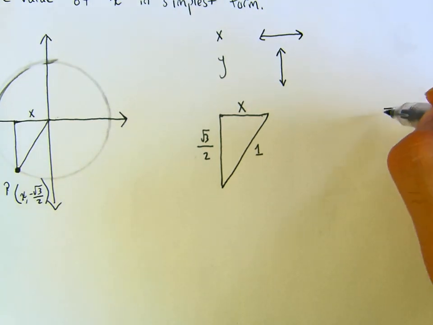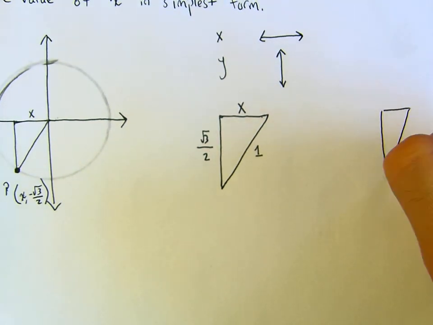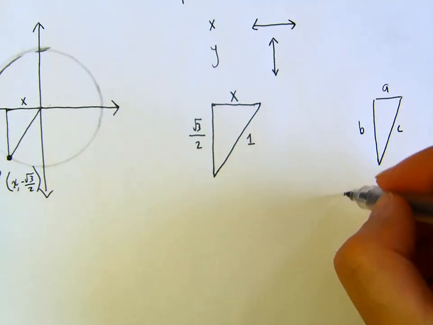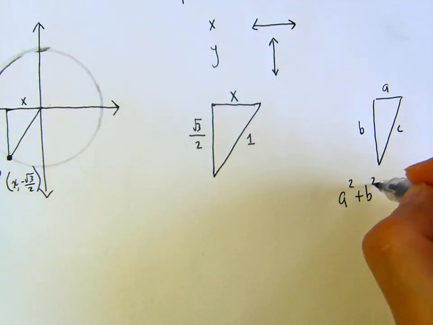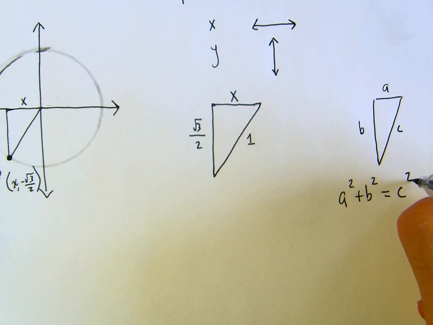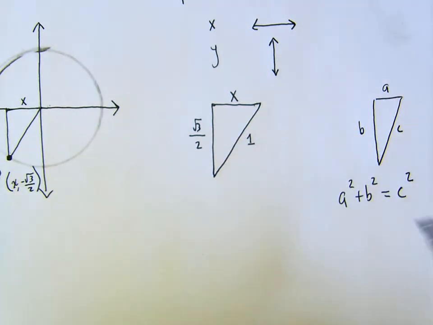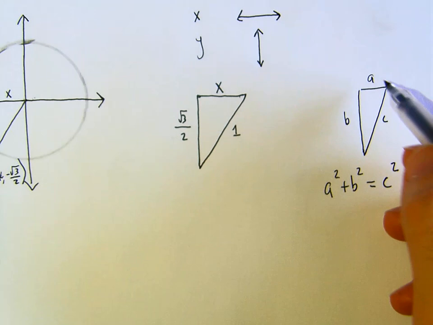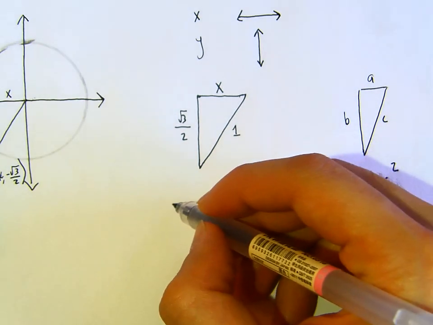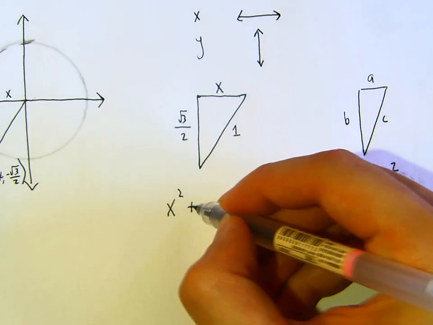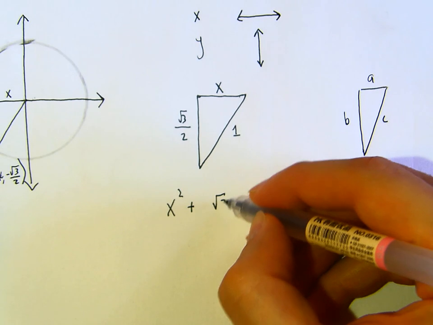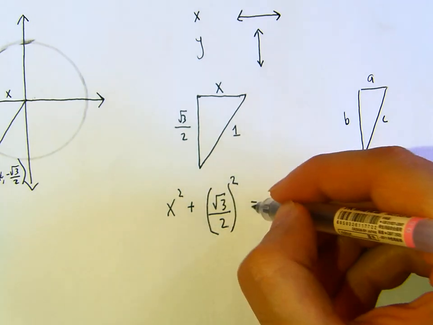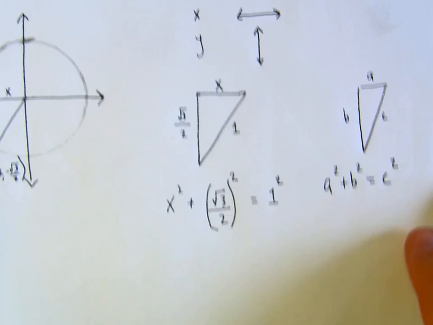If we have some sort of triangle, a right triangle over here, this is your A, this is your B, this is your C, and if we have the Pythagorean theorem, a squared plus b squared equals c squared, all we need to do is just substitute these values in. So notice, what is our A value? Our A value is x. So we have x squared plus square root of 3 over 2, the whole thing squared, equals 1 squared.